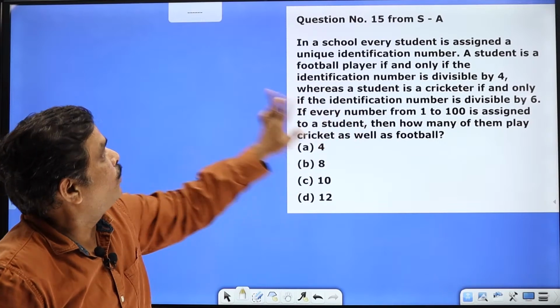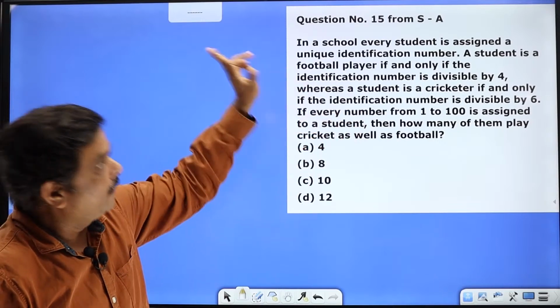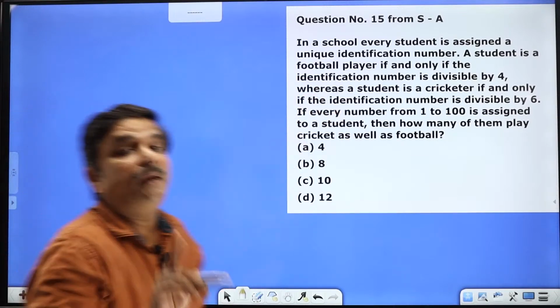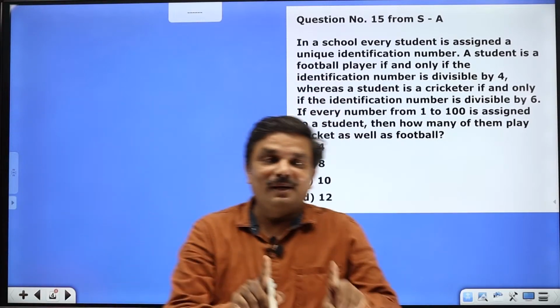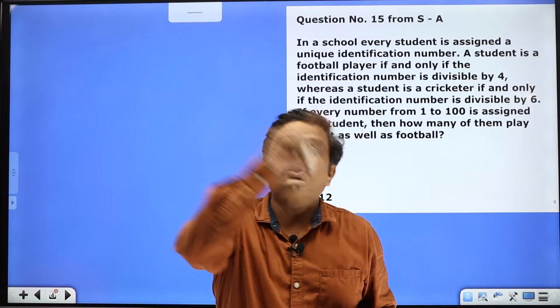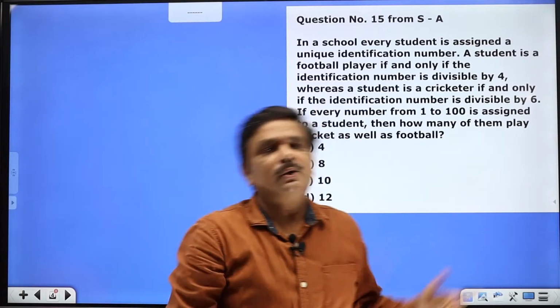A student is a football player if and only if the identification number is divisible by 4, right? The student is a football player if and only if the number assigned to the student is divisible by 4. You understood this?